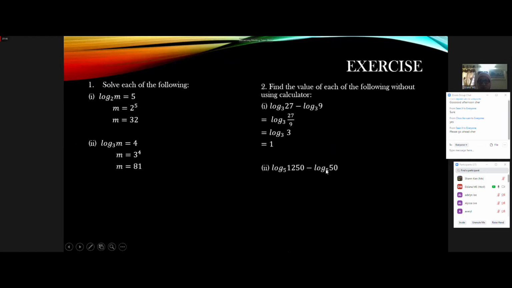Right, now this one. Okay, can you try first? Log base 5, 1250 minus log base 5, 50. Okay, give me the value.